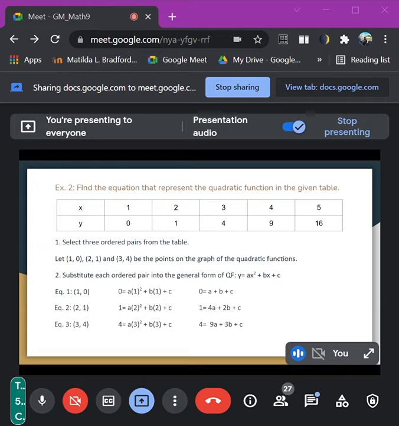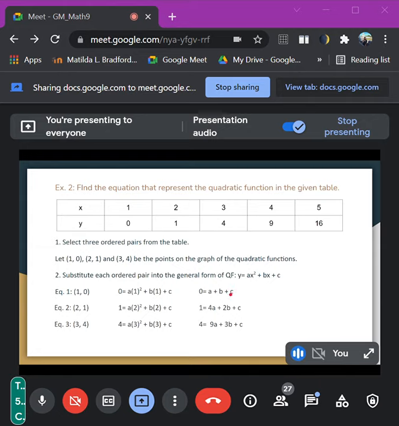Unsaon man nato siya i-add or i-subtract? Add. I-add sa unsang equation? Equation 2. Okay. So unsay makancel ana if ato siyang i-add, or maybe i-subtract na to siya para na siya makancel. I-add or i-subtract.